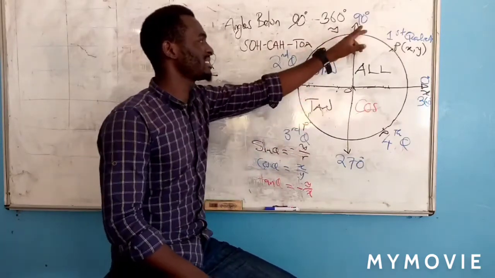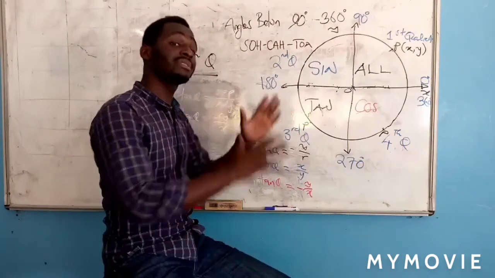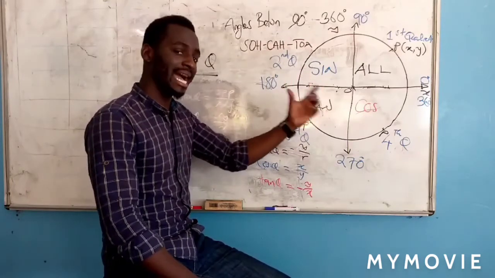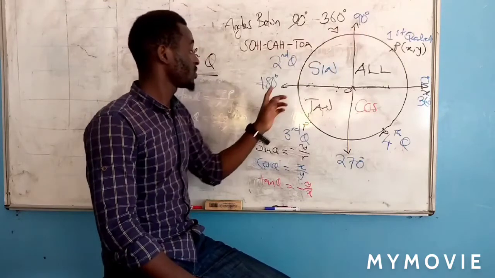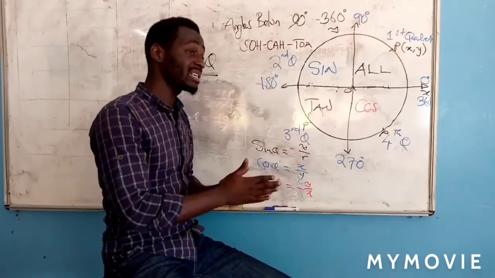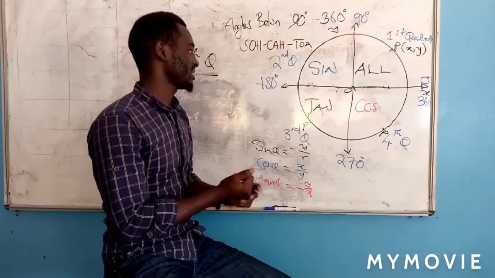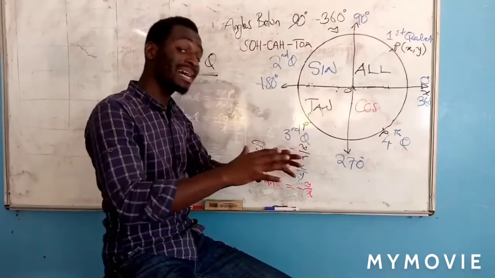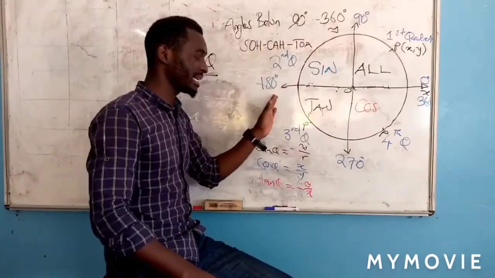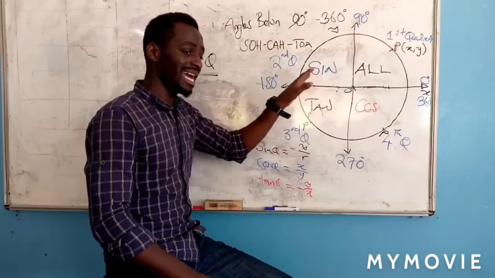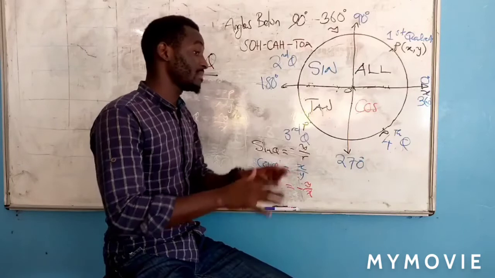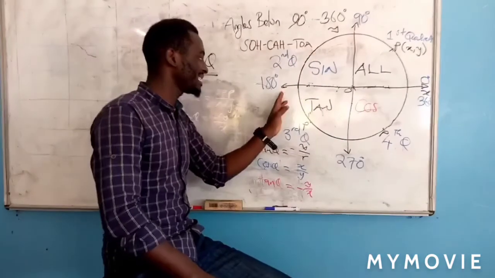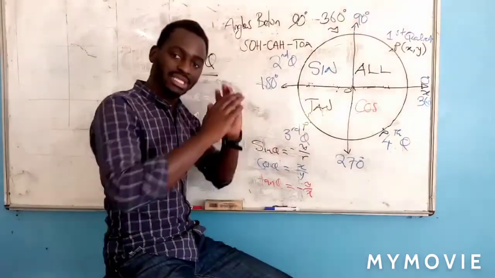And if you punch any angle from 90 degrees to 180, maybe 110, 150, 160, 175 degrees, using sine, the answer will turn out to be positive. But if you use tan and cos in angles between 90 and 180 degrees, your answer turns out negative.